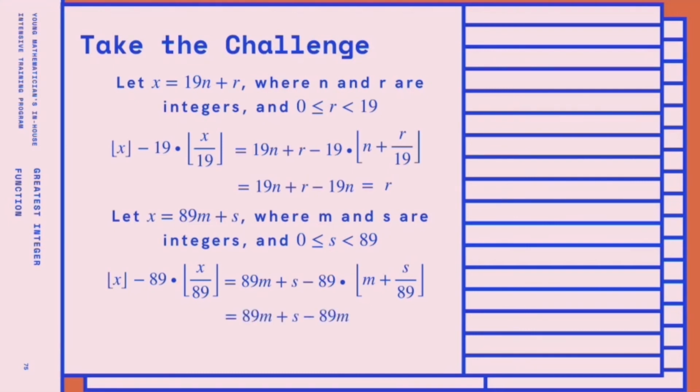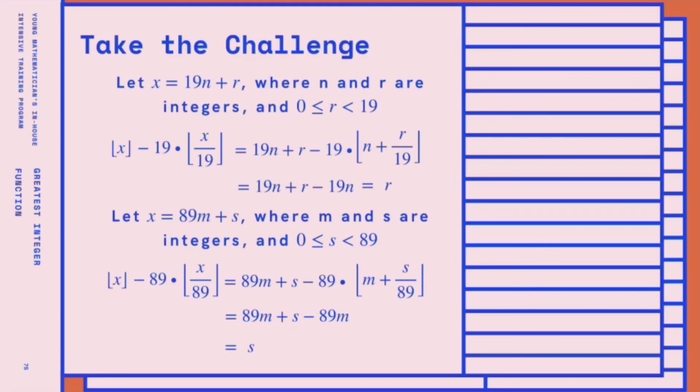So now this is just 89m plus s minus 89m. 89m cancels so that this is equal to s. So therefore, the GIF of x minus 89 times GIF of x over 89 is just equal to s, which is equal to the remainder when x is divided by 89.